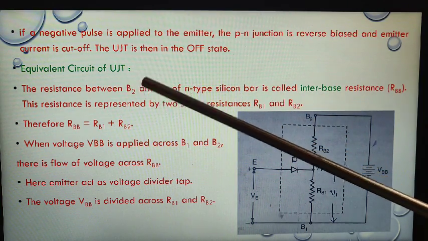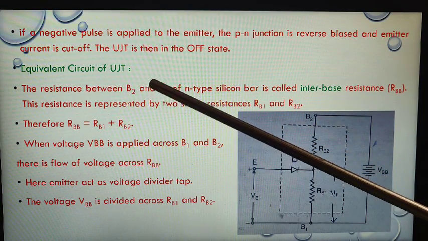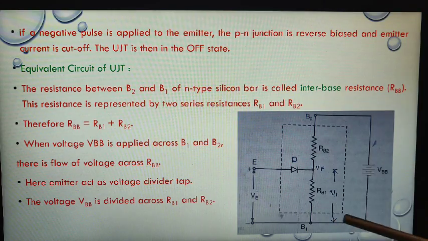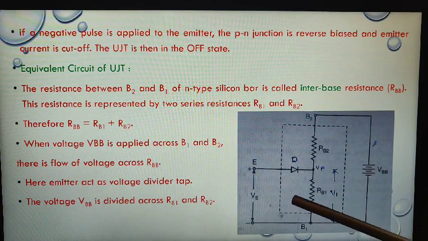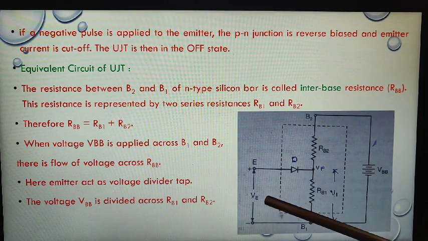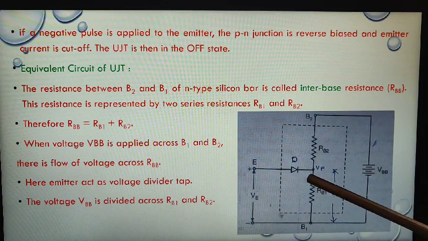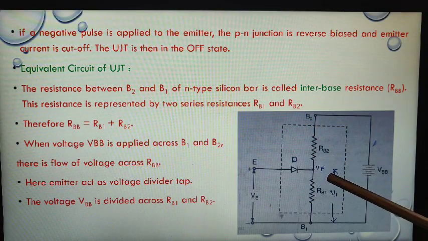Then we see the equivalent circuit of UJT. If you see the circuit diagram, VE is the input voltage. This is the PN junction diode. This is the peak voltage.